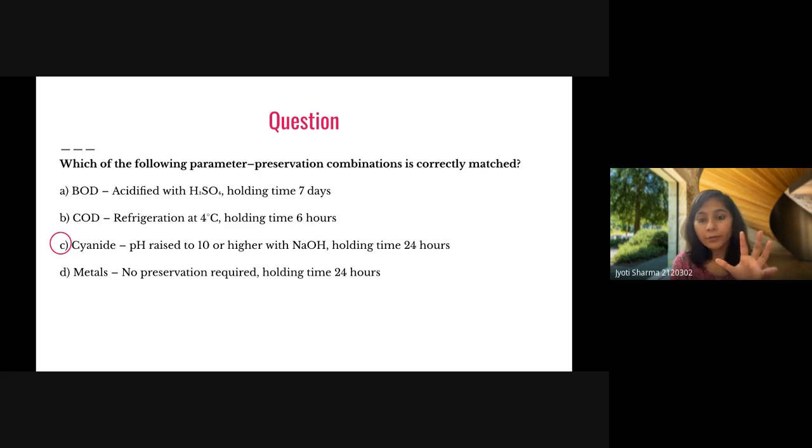So water may have different parameters. We may check the hardness of the water. We may check the total dissolved solids in the water. We can also check different metals in the water.